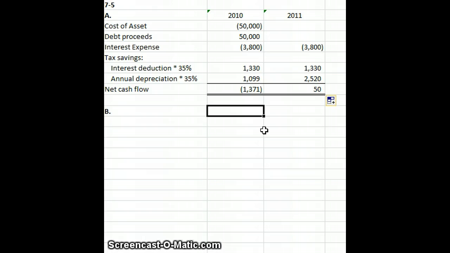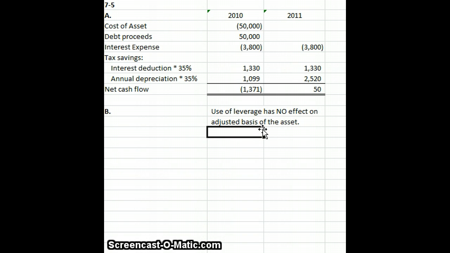Part B, how does this change the facts affect our adjusted basis of the asset at the end of the year? And I'm hoping that you know that the use of leverage has no effect on the adjusted basis of the asset, because that does not change how we're financing it, does not change the basis.